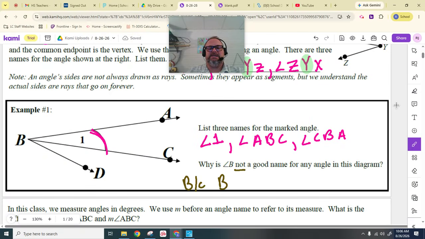Because B is the vertex for 2 angles. We have angle ABC. We also have this angle right here, which is CBD. So you can't name it one letter if there's multiple angles at that same spot.